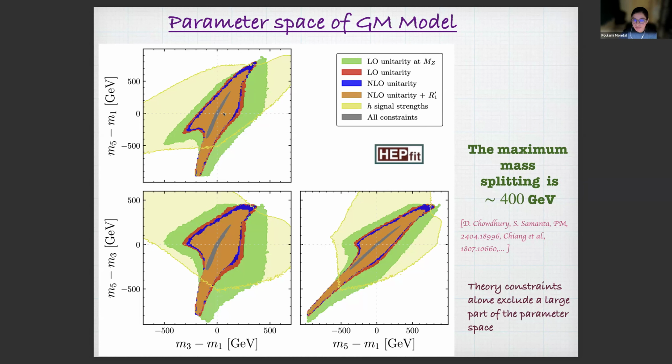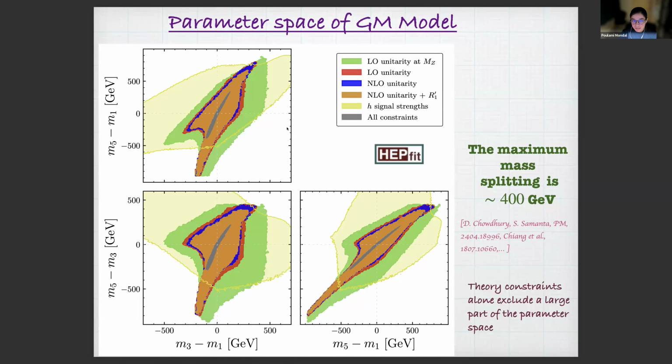So this is the gray region, which is allowed from all constraints. And you can also see from here that going from LO unitarity to NLO unitarity, the parameter space gets much more constrained. And then we put the Higgs signal strength, which is less constraining compared to the theory constraints over here. And finally, the gray region is the allowed parameter space when you impose all these constraints together.